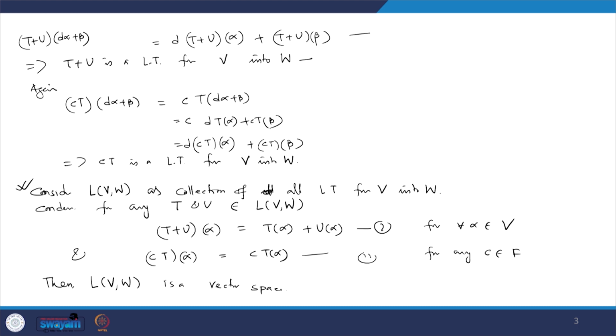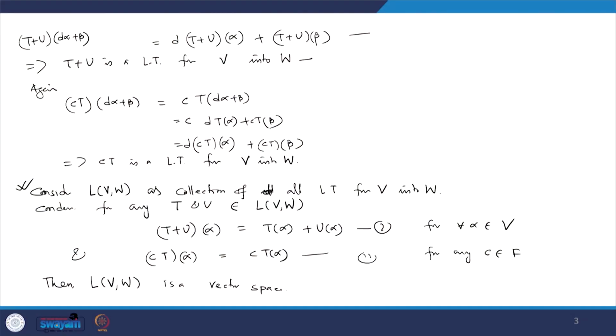So, that associative nature will also hold good for this special kind of function, that is linear transformation also. Next point will be the question of existence of the zero element. The zero element is basically the zero linear transformation. So, that is also there. Next will be the additive inverse. So, for any linear transformation T from V to W, one can again define minus T from V to W, so that T + (-T) will be the zero transformation. So, that is also there.